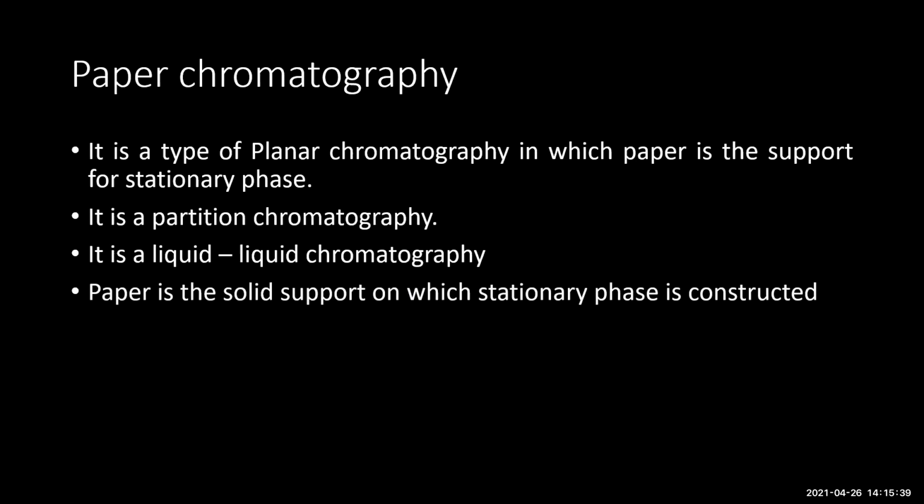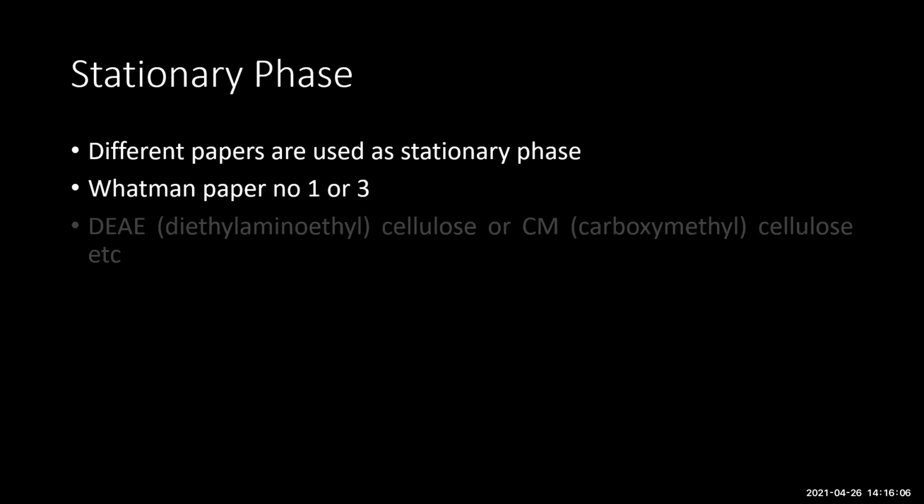Please understand this. In paper chromatography, the paper is the support. It is not the stationary phase. Paper is the solid support on top of which the stationary phase is going to be constructed. So what type of stationary phase are we going to use? For the solid support, we either use Whatman paper number 1 or 3.